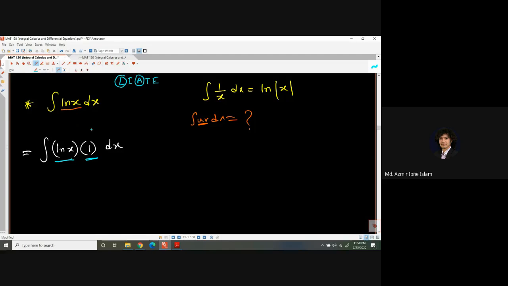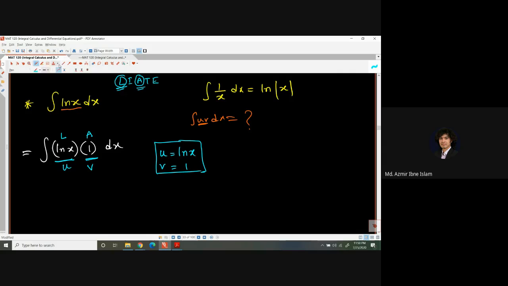Since logarithmic comes first, then algebraic, we must take natural log of x as u and the other part must be v. So we are writing u equal to natural log of x and v equal to 1. This is our information.